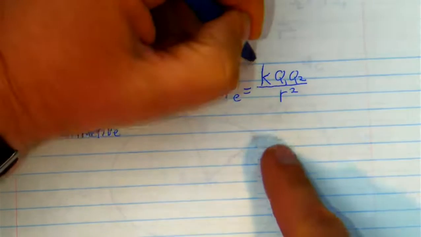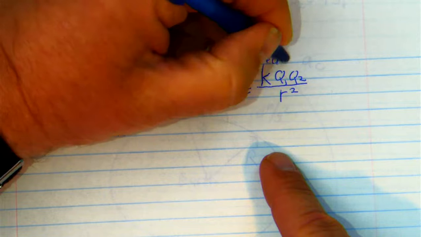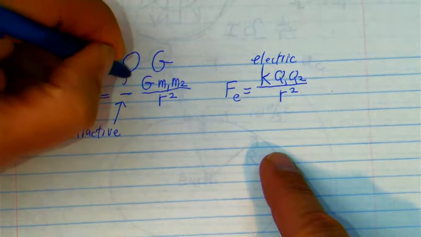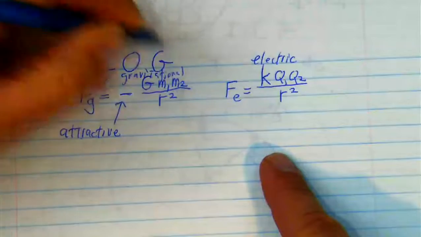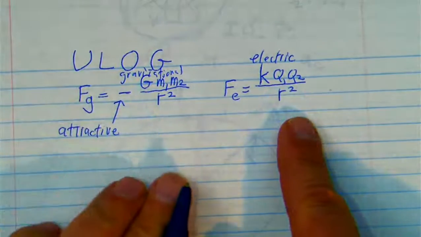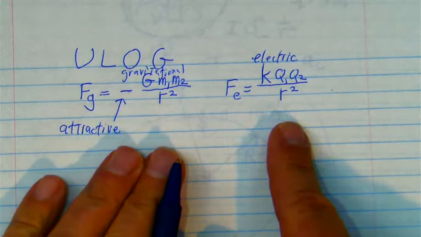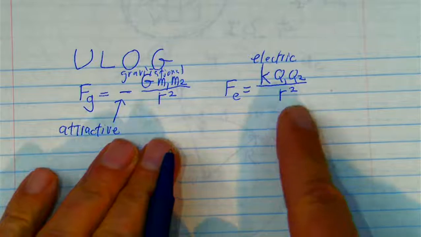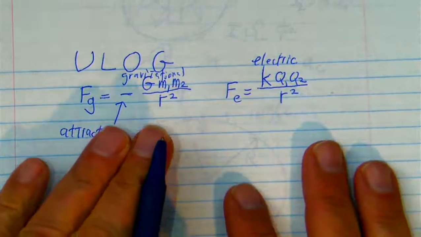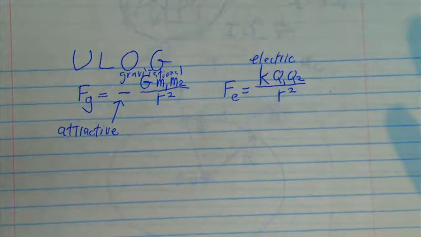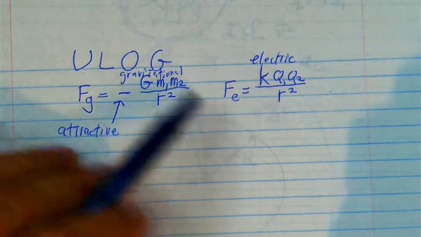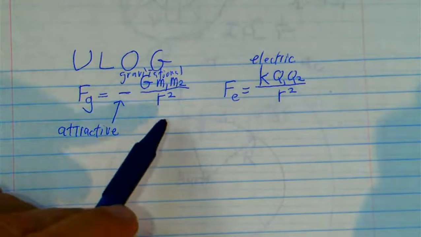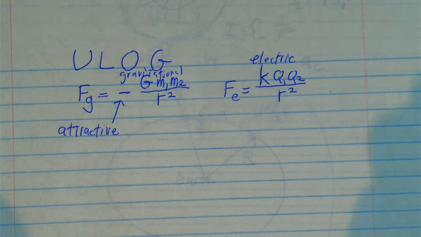This is for electrical force. This is for gravitational force. The equations are very similar to each other because Mother Nature behaves in the same kind of way where forces and intensities generally fall off as the square of the distance.